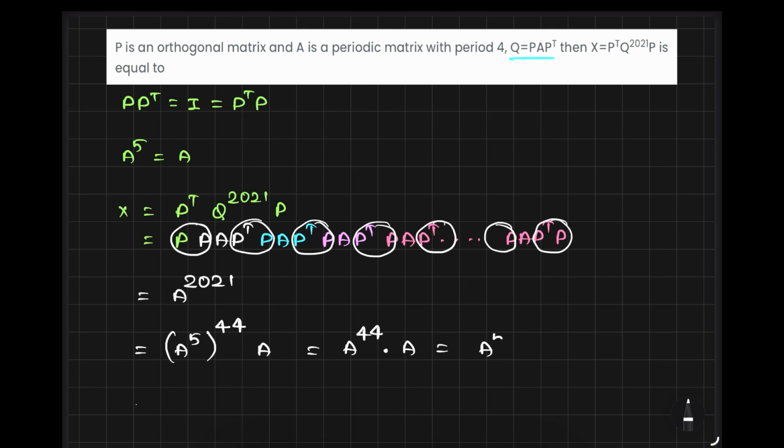So A power 5 power 9. Again this thing will become what? A. So A power 9, and A power 9 will become what? A power 5, A power 4. A power 5 is what? A. So A into A power 4 will become A power 5 again. So it will end up being A.